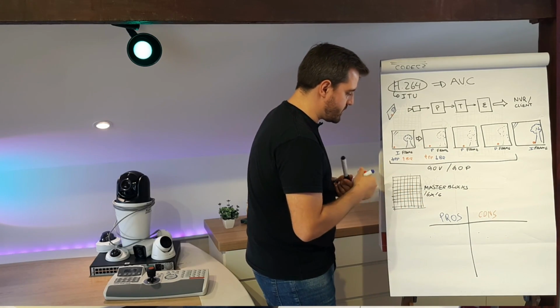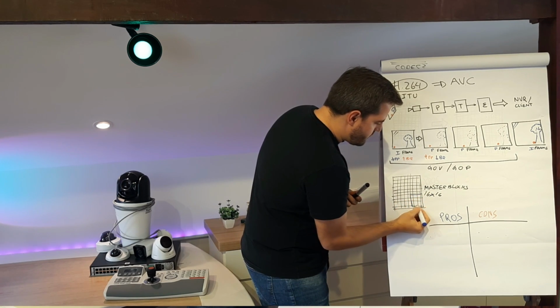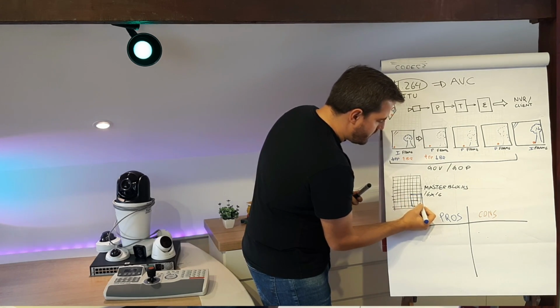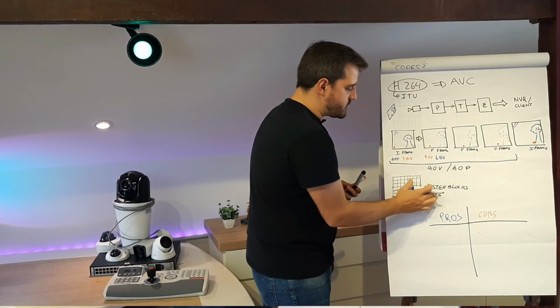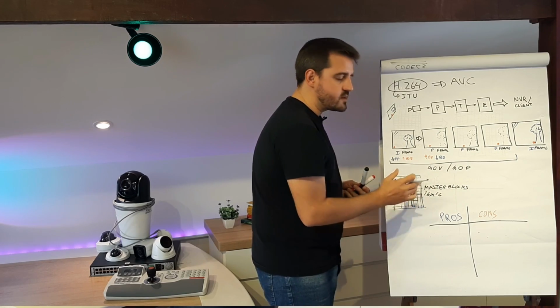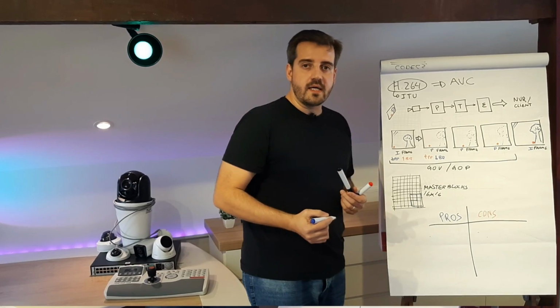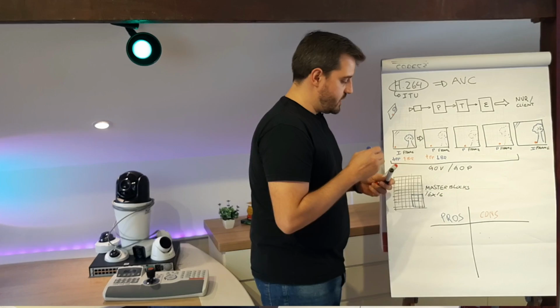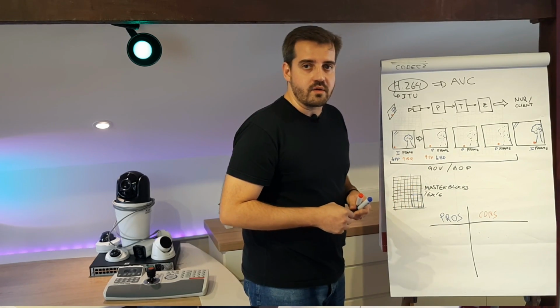So let's think this is a 16 by 16. We can have inside of this 16 by 16 blocks of 4 by 4, and other proportions as well. And what these macroblocks do is identify similar pixels around it, and it will send the information as just one pixel. So this decreases a lot the content that we send to the NVR or to the client.